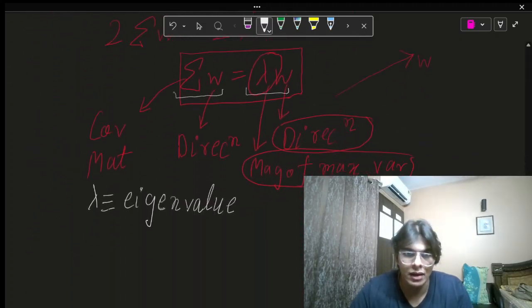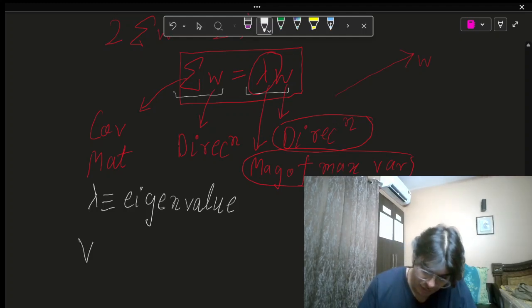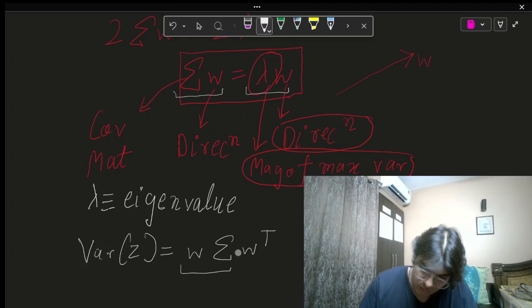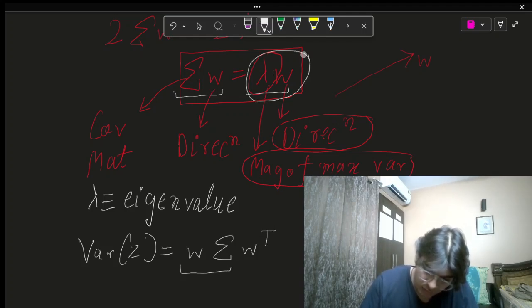So how will we do that? We write the variance of z, the collective variance that we were trying to calculate. It was w sigma w transpose. In place of sigma w we can write lambda w, so we get lambda w multiplied by w transpose.